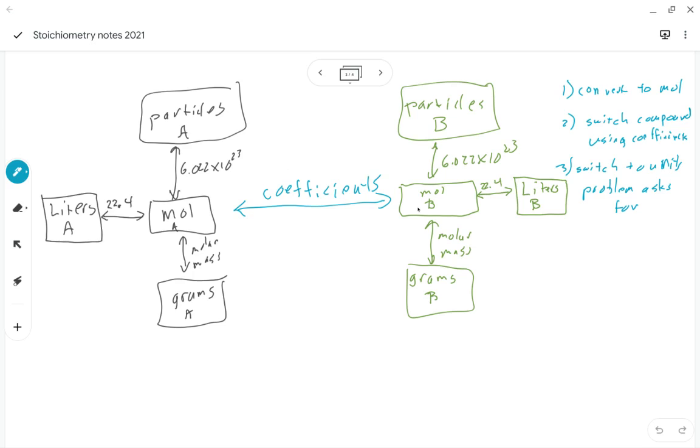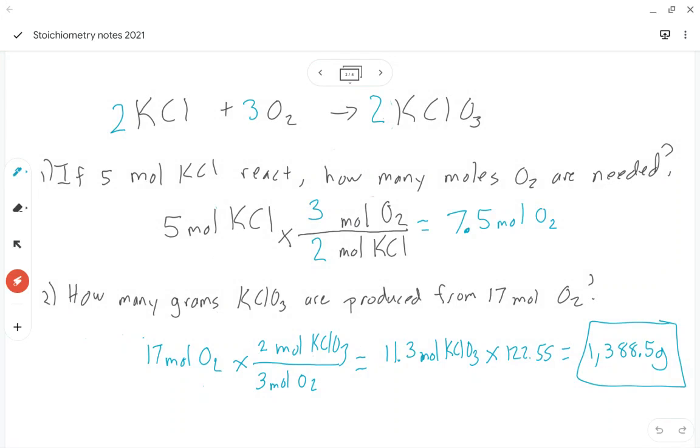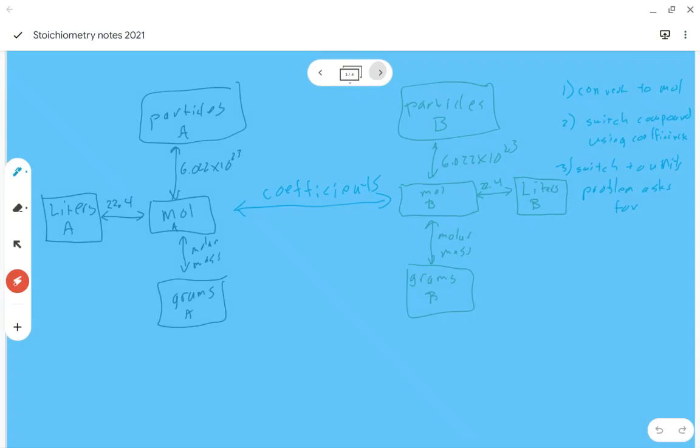The coefficients in the balanced equation are essentially the bridge that lets us change compounds. Over here, you divide going into moles and multiply going out of moles. But when you need to switch compounds, that's when we use these coefficients as mole ratios from our balanced chemical equation.